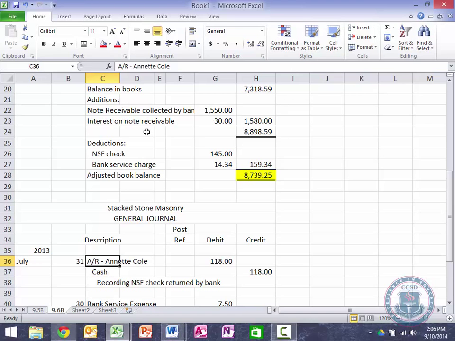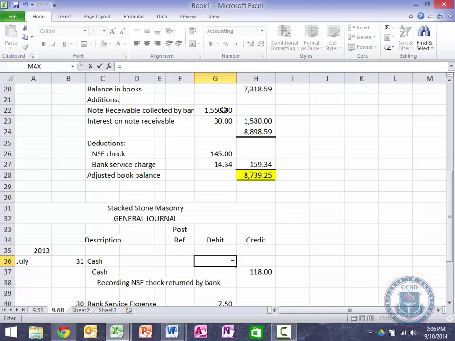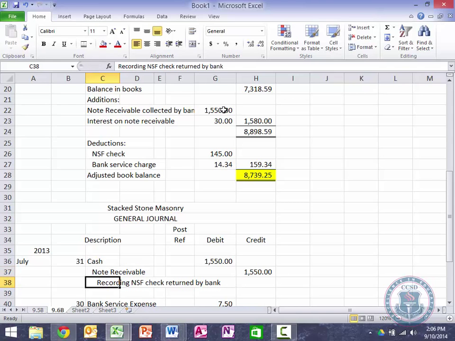It's an addition, so we're going to have cash. And how much was it? It was $1,550. The guy paid us. It's from a note receivable, from a guy that owed us money. But is that the only thing that came in?